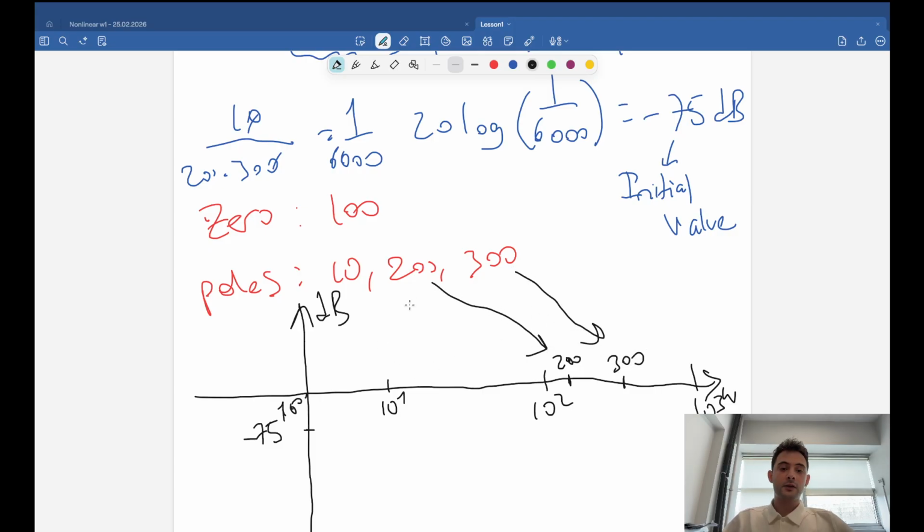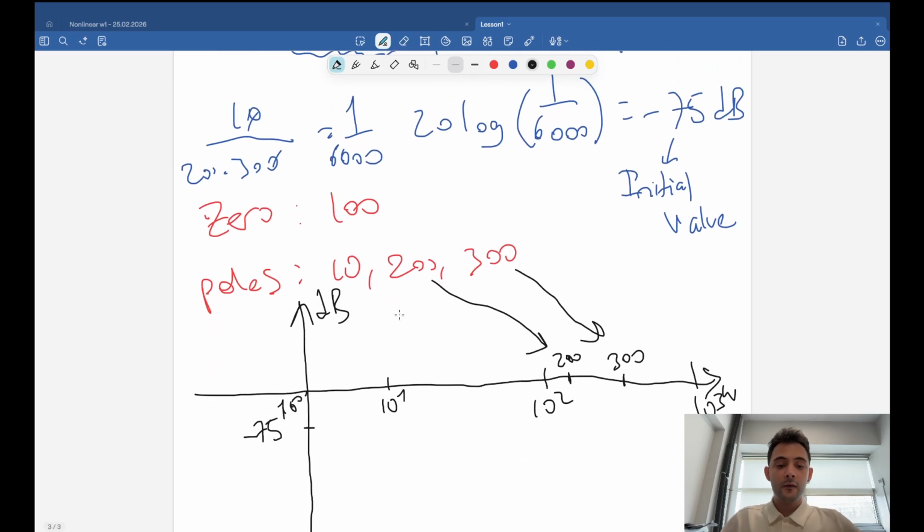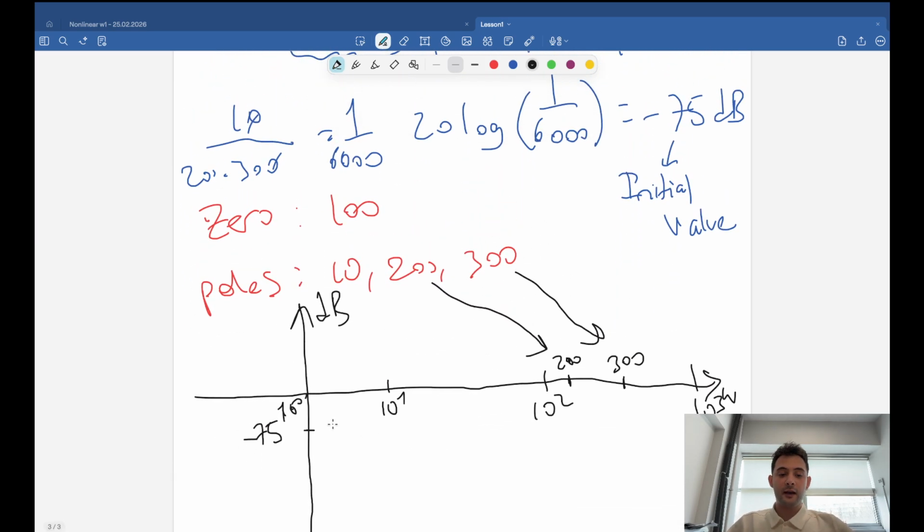Okay, so first, let's draw. We have nothing until 10, but at 10 we have a pole. It will go down until 100, right? At 100 you have a 0. So this slope was minus 20 decibels per decade. Here we will get rid of that slope and we will have 0, but until 200.